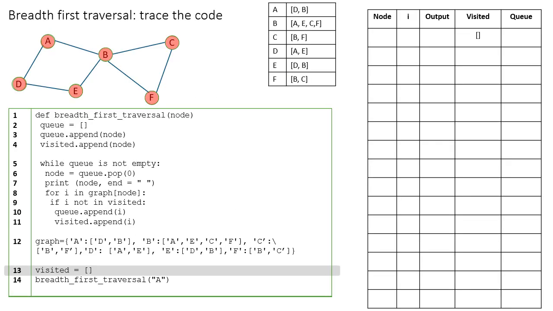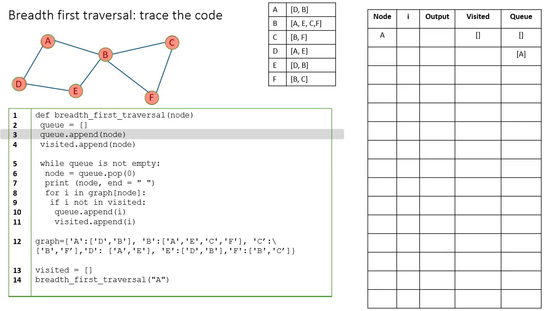Let's begin tracing our code. So we're going to start on line 13. The first thing we do is create a list called visited. The list is completely empty to begin with. Next, we make a call to breadth first traversal, and you'll notice that we are starting at node A. We create an empty queue.